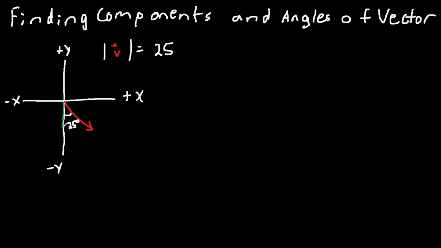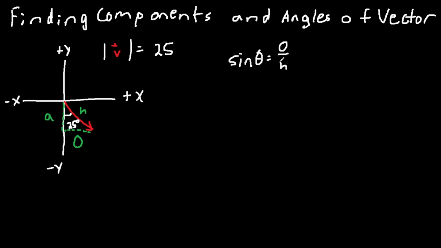So I can label the axes right now to make it easier for you. The opposite value is on the opposite side of this angle, which is this one right here. And the adjacent value is sitting adjacent to the angle, 25 degrees. Hypotenuse is 25, because we have the magnitude of this vector. So let's use sine first. Sine of theta is equal to opposite over hypotenuse.